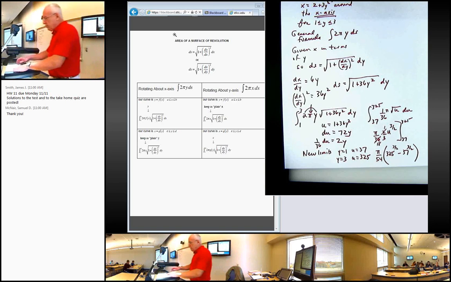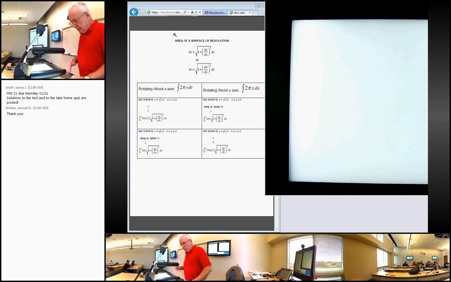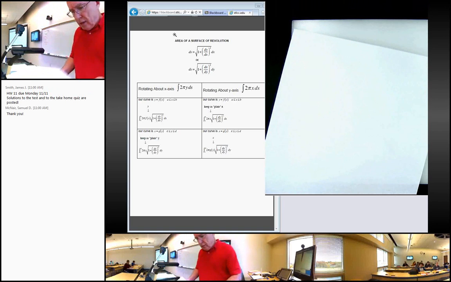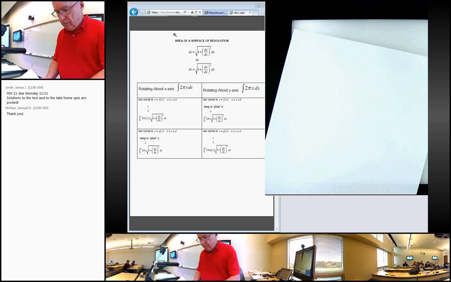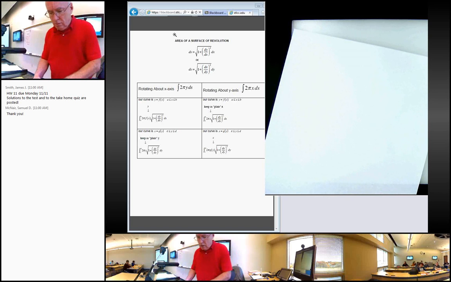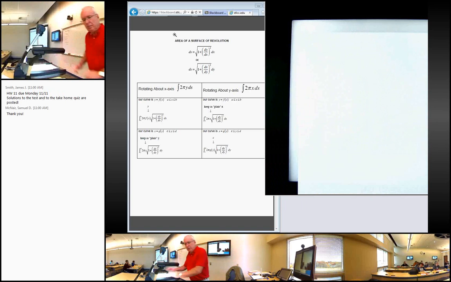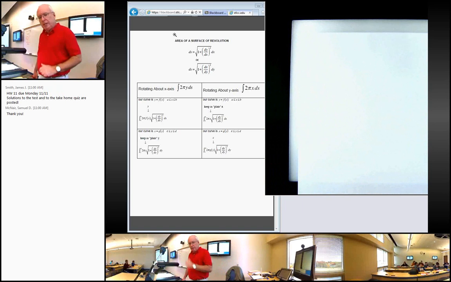I think the one other thing that I'll go over in this is, let's see that. Here, just to point out some integration things.